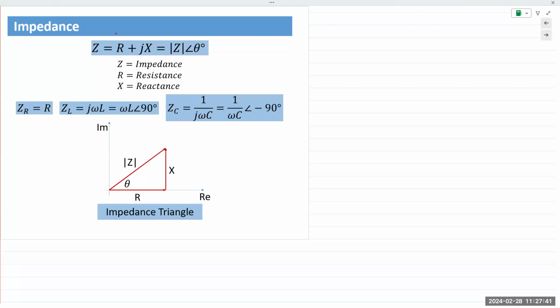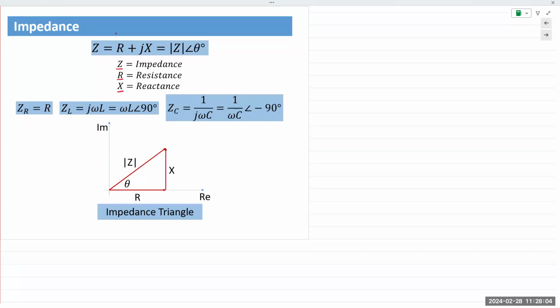Impedance is the sum of resistance and reactance. Z equals R plus X. Impedance is represented by uppercase Z, resistance with R, and a new term called reactance with X.